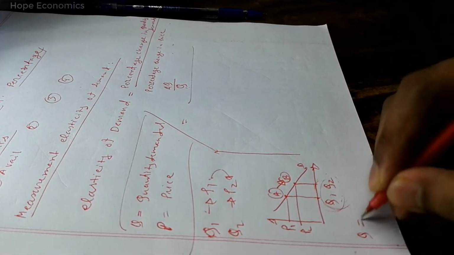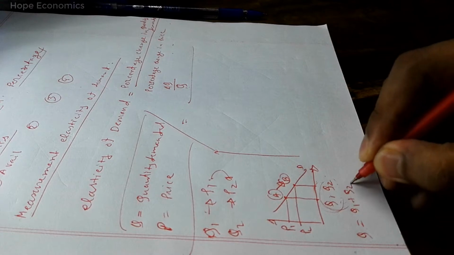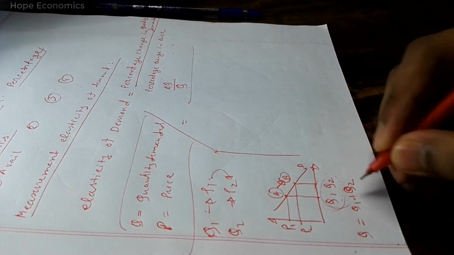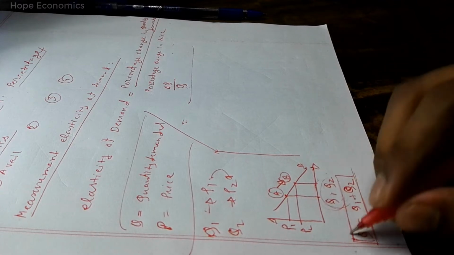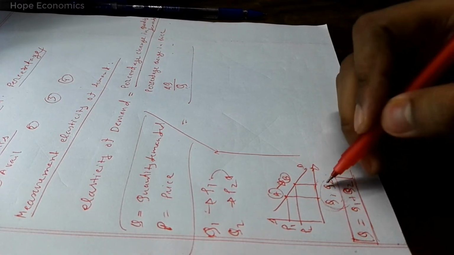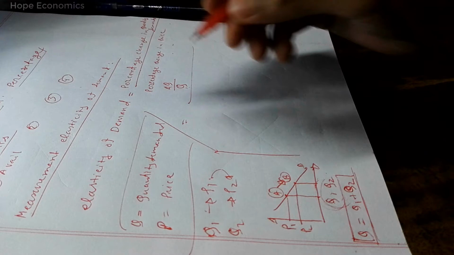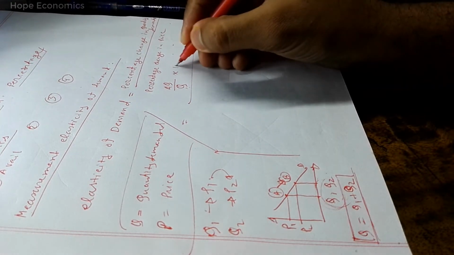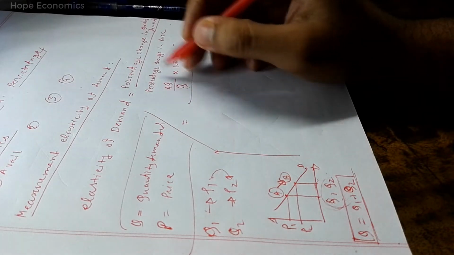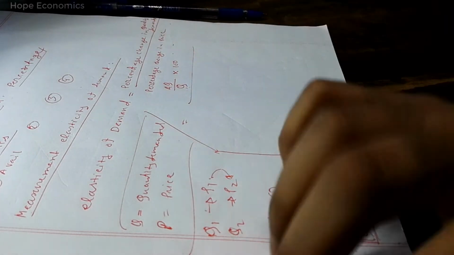This means Q equals Q1 plus Q2. This is what you have to notice carefully. Q means Q1 plus Q2, total summation of Q1 and Q2. So this is our percentage change in quantity demanded, into 100.